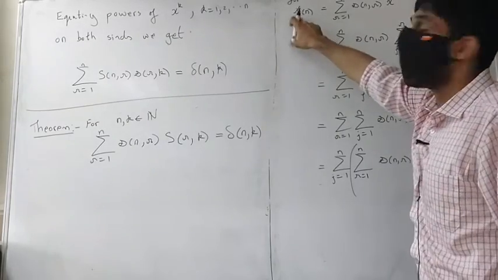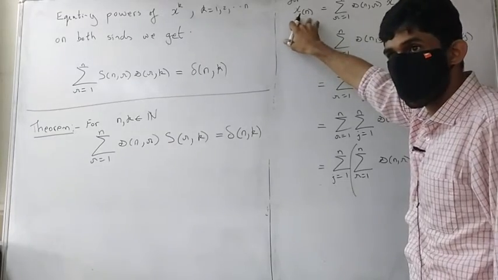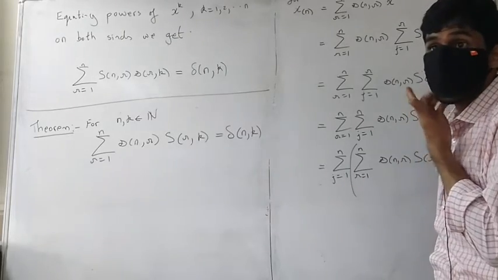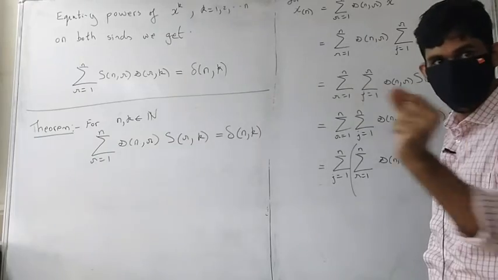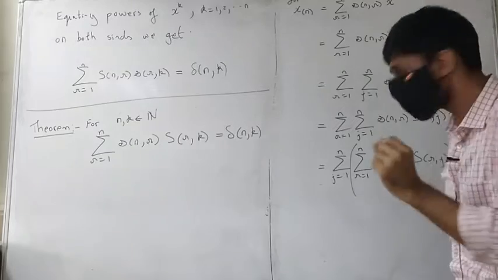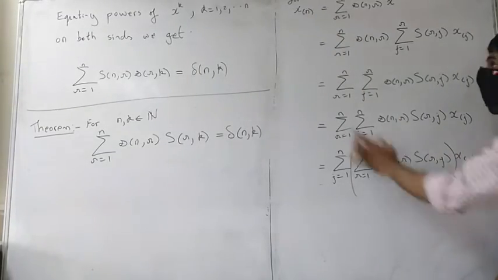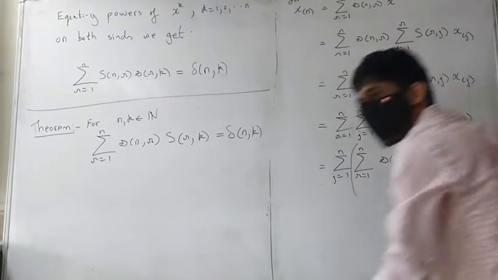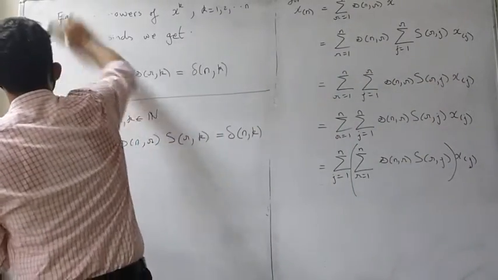You have one vector on this side which is x^n and another vector on this side, but the representation is unique. The representation of a vector as a linear sum of basis elements we know is unique, right? Both these are two different representations. One is given like this, one is one here and zeros for the rest. So therefore you can equate. You can't just equate, but now you can equate.